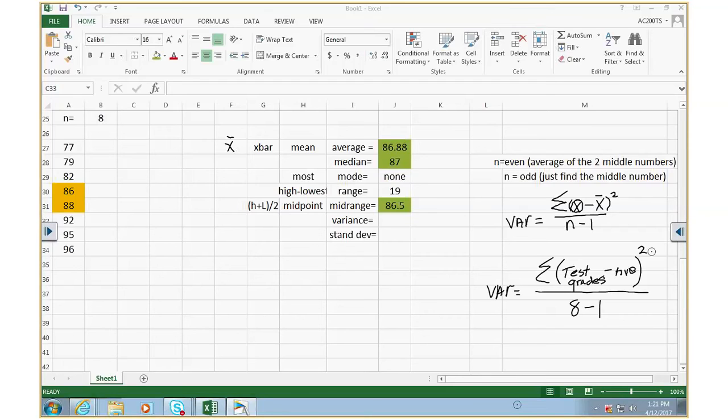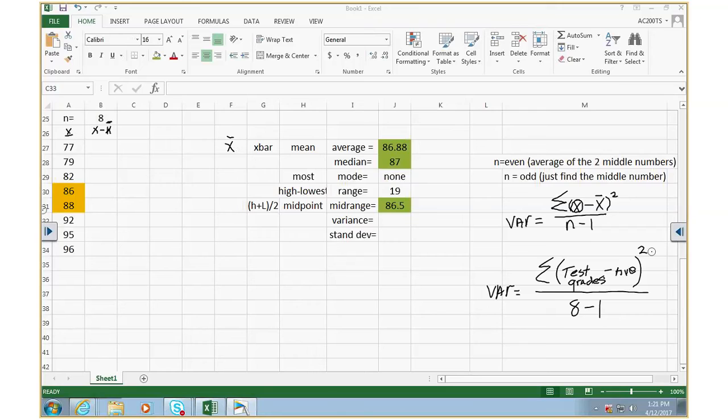So you need to call this column X and call this column X minus X bar. What are you going to do with the first column, the first one here? What's X? 77.